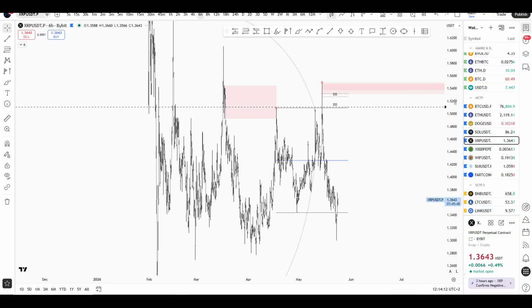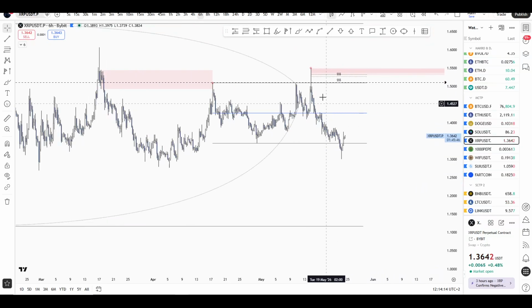And XRP is the same. Here you can even see it. It looked more like ETH. So we got our 2 tap. No distribution here, so much liquidity. We took out the range low, and crypto overall likes to move from liquidity to liquidity. So we took out the highs, went down, took out the lows, took out this low here, and now we're getting acceptance back into the range.